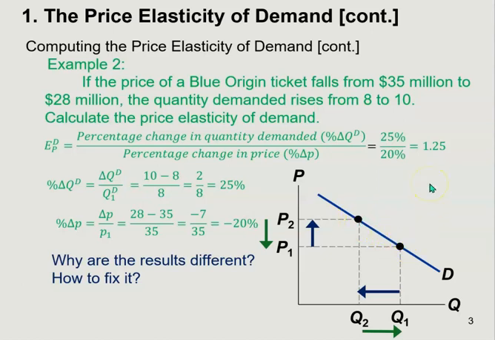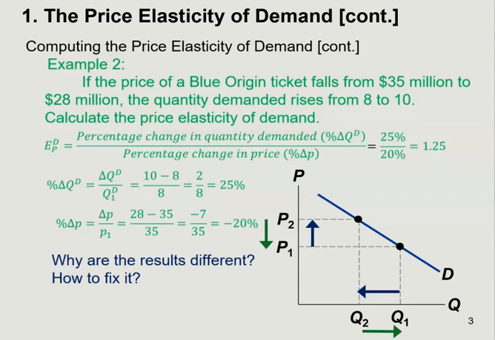Now, if we already found that problem, how do we fix it? It's going to be pretty easy. We have to use the same benchmark, in other words, the same quantity or price when we calculate the price elasticity of demand.